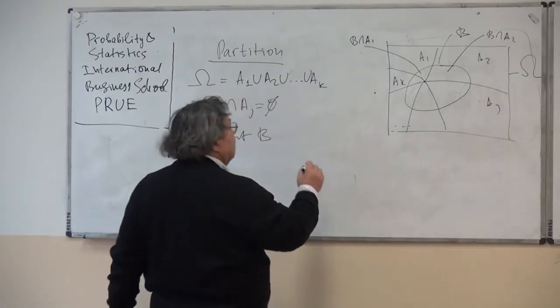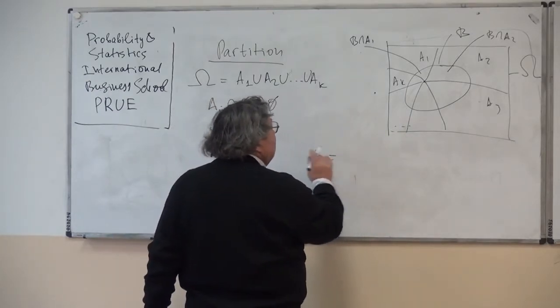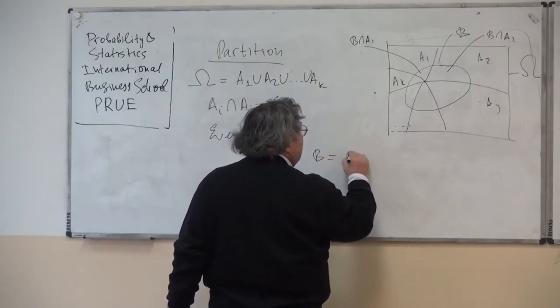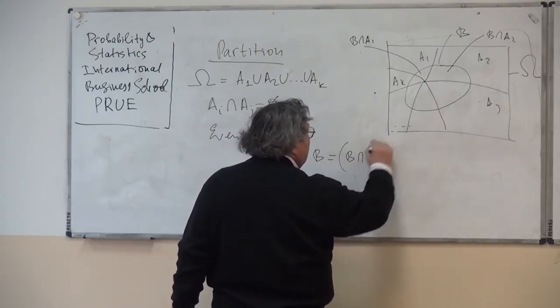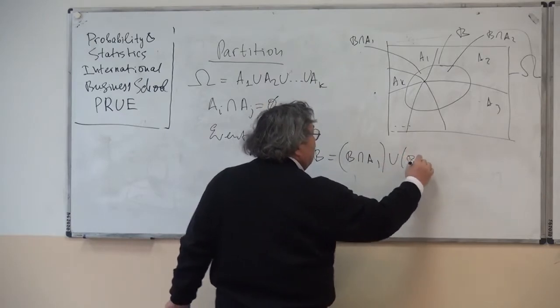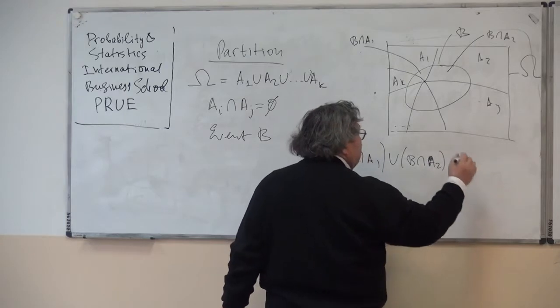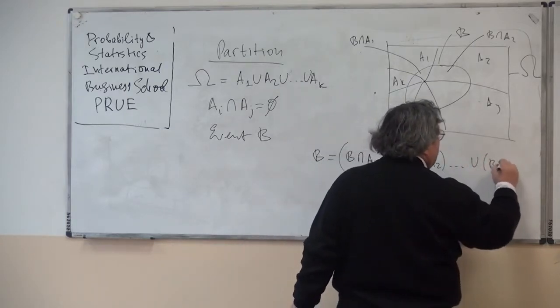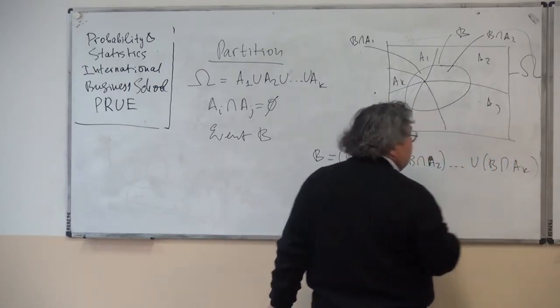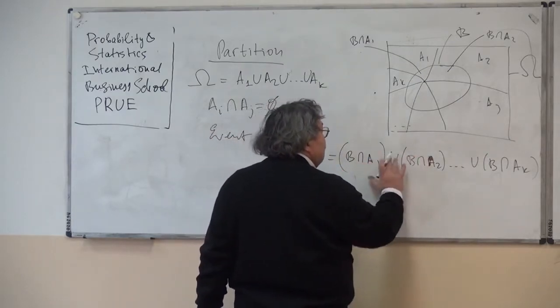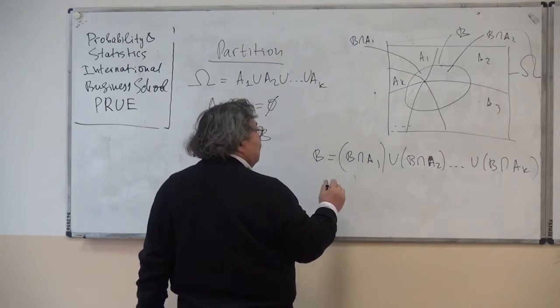Let's write it down. It's important. So B, if we have a partition, then we can write B intersect A1, union B intersect A2, up to B intersect the last one of them, and then each two of these are mutually exclusive.